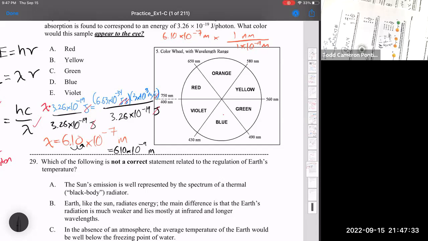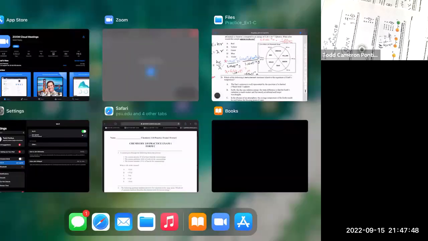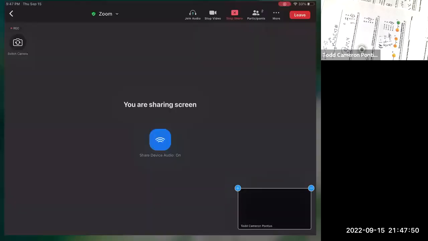Okay, a little idiosyncrasy with calculators. Sorry, I just want to share this because this comes up pretty frequently.